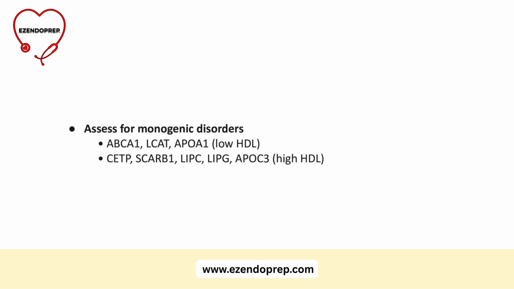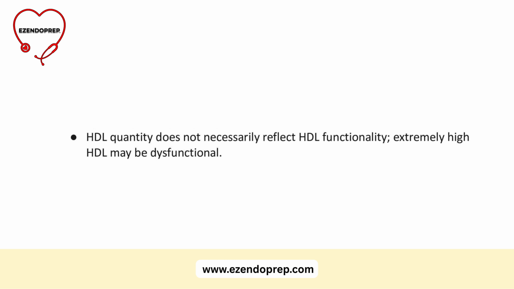Order genetic testing when indicated. Utilize targeted sequencing panels covering ABCA1, LCAT, APOA1, CETP, LIPC, and LIPG, depending on the clinical phenotype. We can also test for SCARB1 or APOC3, again, depending on the phenotype. Referral to a lipid specialist or medical geneticist is appropriate for interpretation and counseling.